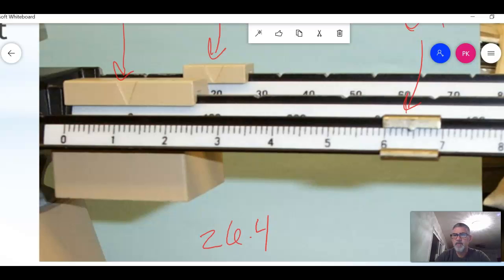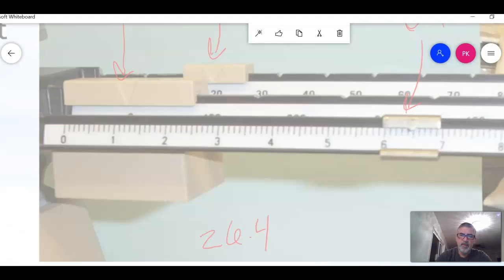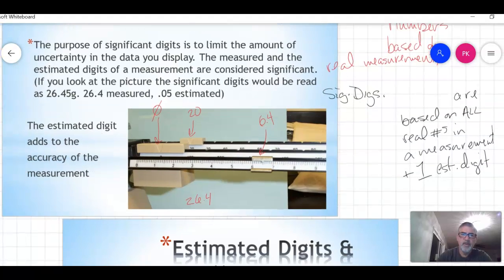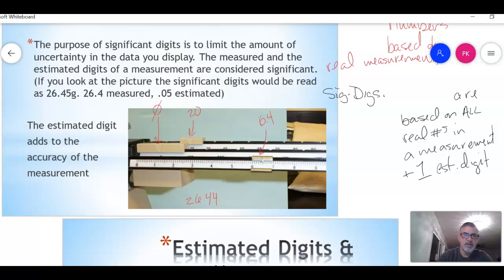So we estimate how far between the next two numbers it is. So you can say 26.45, and this is your estimated digit. If you said 26.44 or 26.46, it doesn't matter because that's our estimated digit, and then we'll give a unit, grams, because we have to give a unit to it.